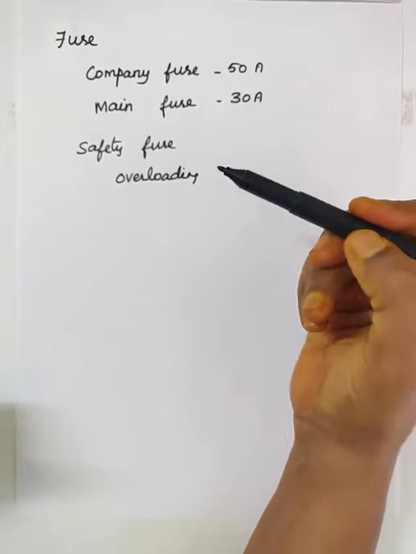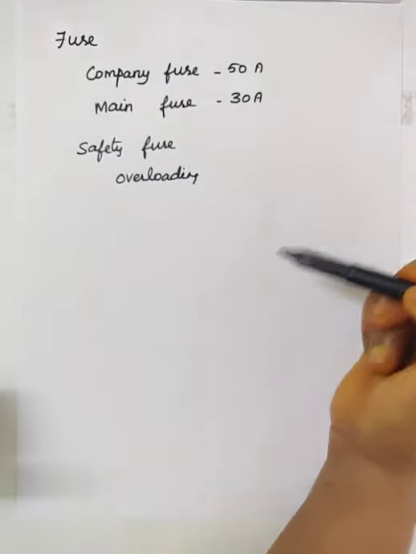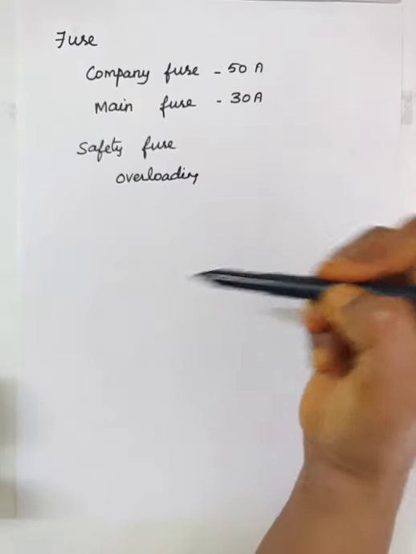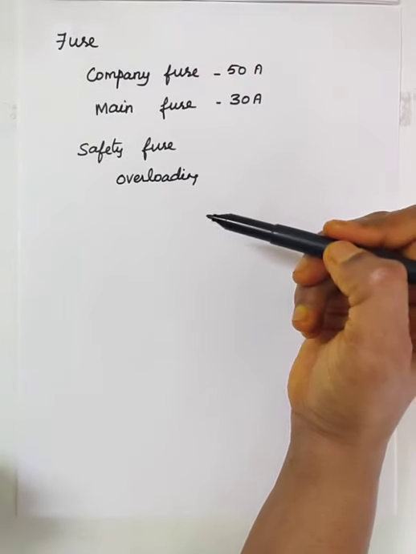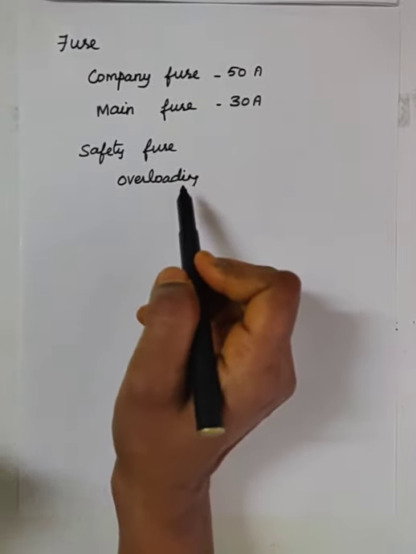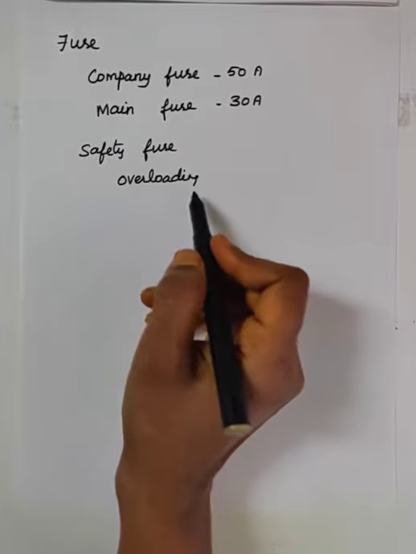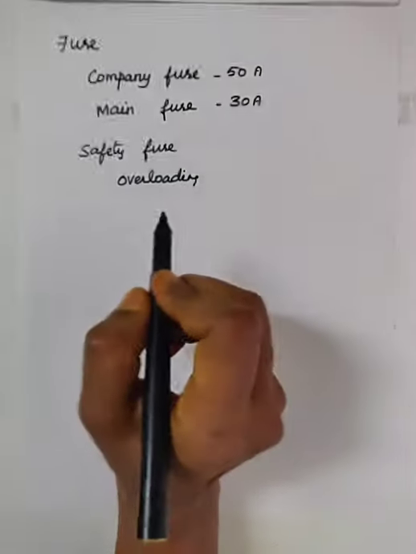If the connection is taken for a particular limit of power, but you are connecting many appliances, and the total power consumed by the appliances is more than the power for which the connection is taken, then we call the circuit overloaded. This overloading of the circuit may lead to voltage fluctuation. Due to overloading, excess current may flow in the circuit.